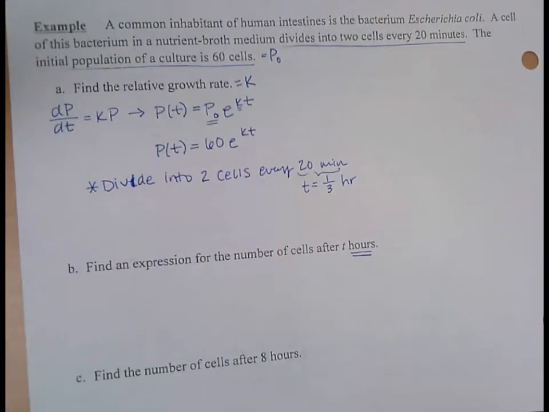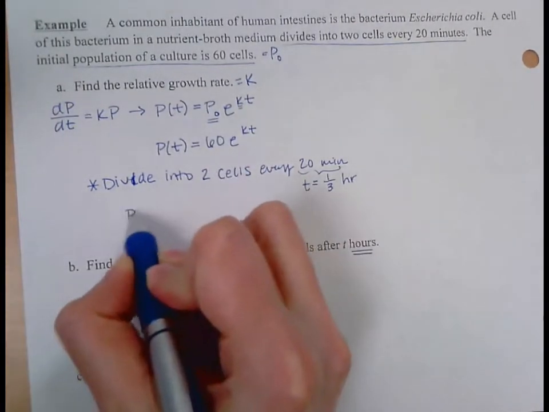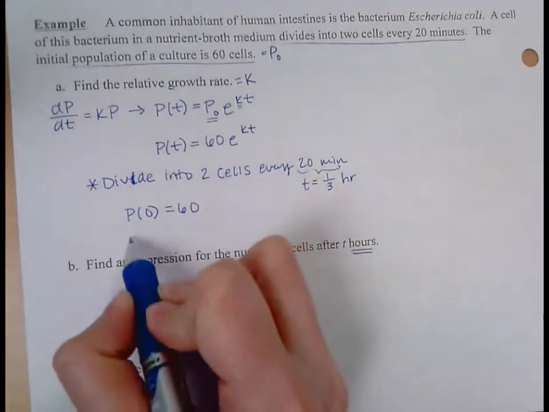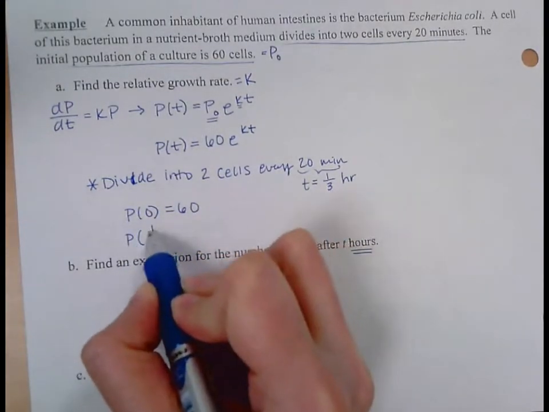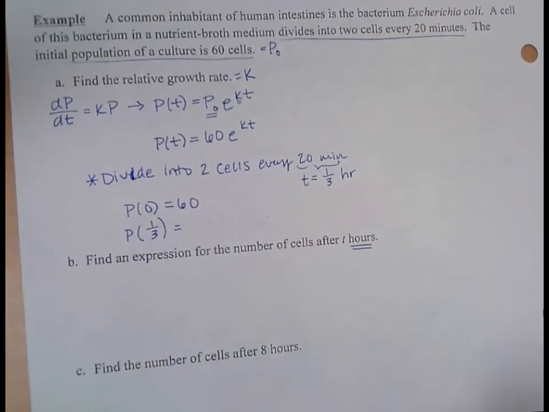So rather than saying it would divide 3 times every hour, I can say it divides once every 1/3 of an hour. So I therefore know if I'm starting, so if I know P of 0 is 60, that was my initial population, how many cells will I have after 1/3 of an hour?